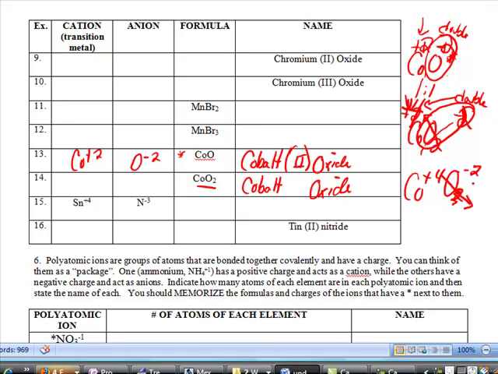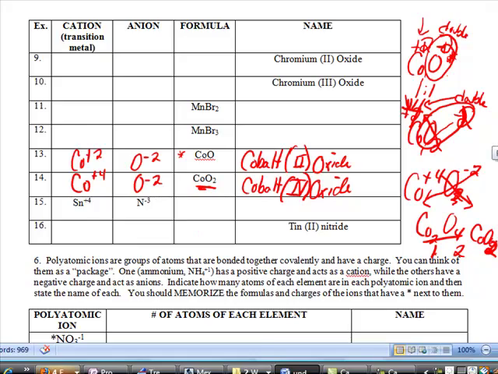And then if I crisscross, I would end up with Co2O4, which can be reduced. These always have to be reduced to the lowest numbers. So it's CoO2, because the Co with the imaginary 1, and then the O2. And that's what I have here. So I know that cobalt is a +4, oxygen's always a -2, which is why I told you how to write all these Roman numerals. Okay, so give the rest a shot.